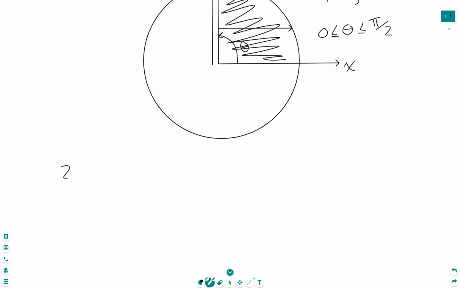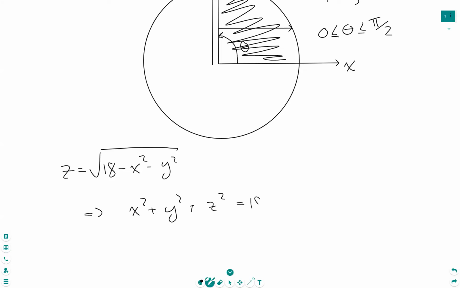Okay, so now let's look at these z-bounds. First, we look at z is equal to the square root of 18 minus x squared minus y squared. We can write this as x squared plus y squared plus z squared is equal to 18.